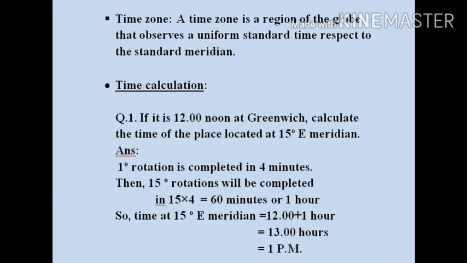So what is time zone? Time zone is a region of the globe that observes a uniform standard time with respect to the standard meridian. So we learn that there are 24 standard meridians in the world. With the help of these 24 meridians we can get the time or time zone of the world.